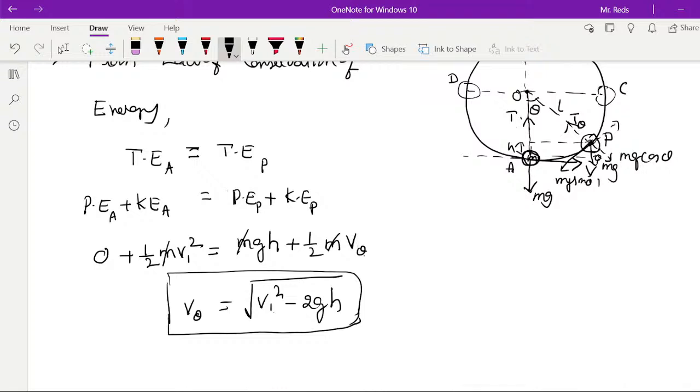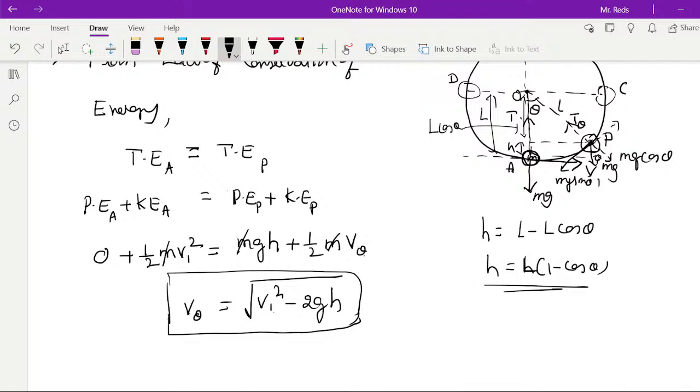From here to here is L, and this term will be L cos theta. In this L, if you subtract L cos theta, you get h. So from the figure, h is equal to L minus L cos theta, or h equals L into (1 minus cos theta).